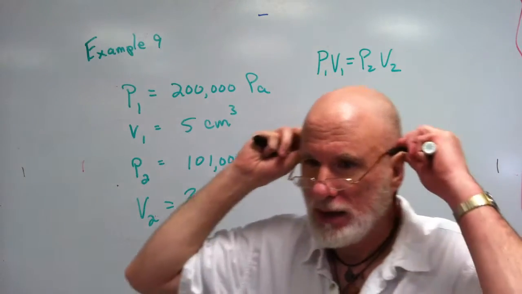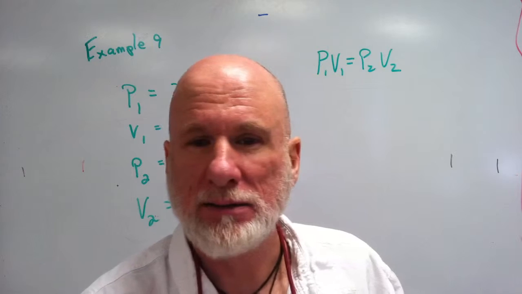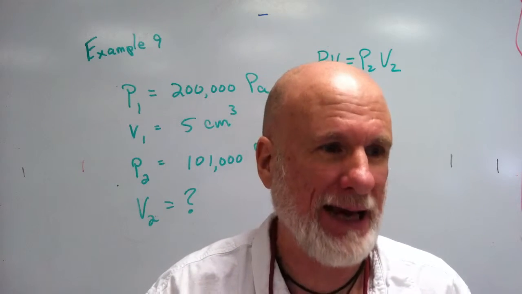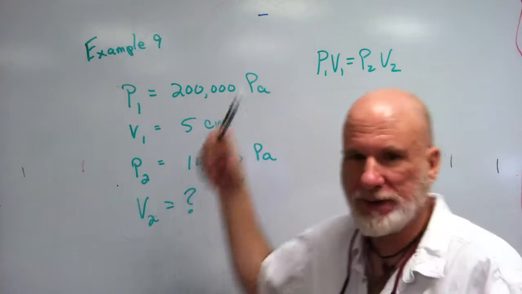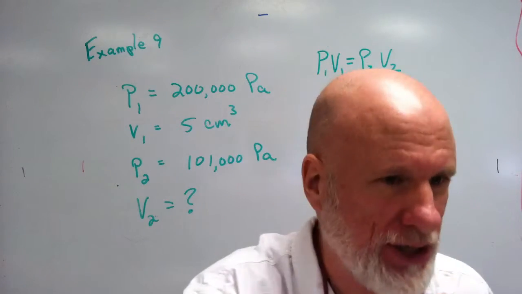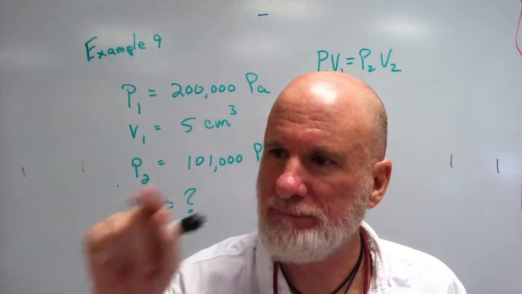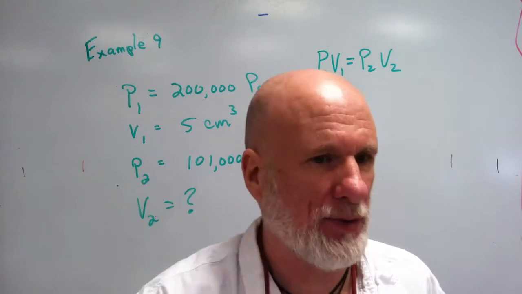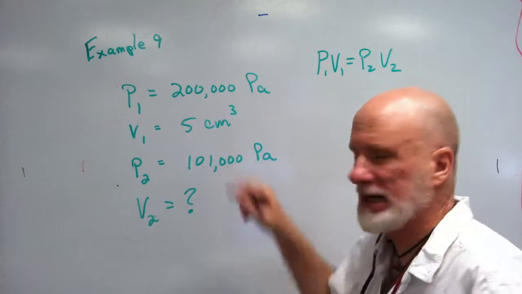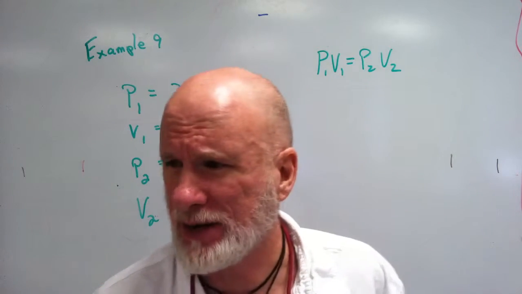Okay, now, I got some data, as we say back home. The first condition, pressure: 200,000 pascals. That's where the bubble is created. Now, the bubble has an initial volume of 5 cubic centimeters.